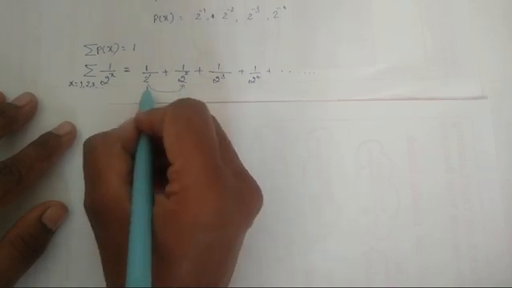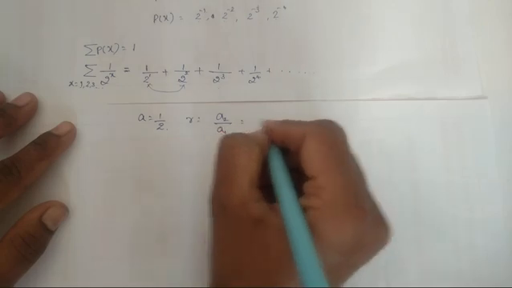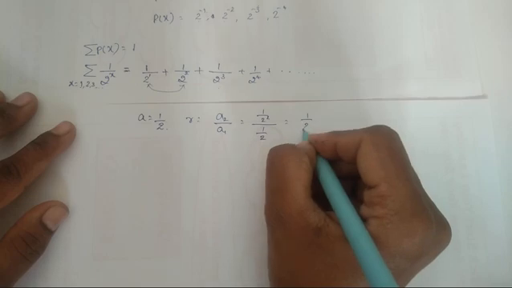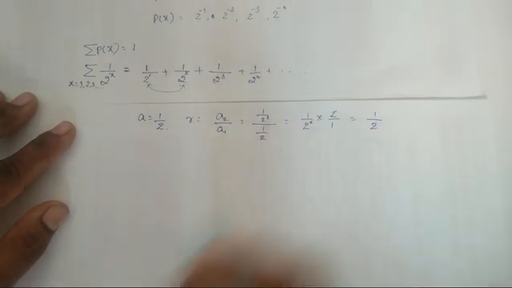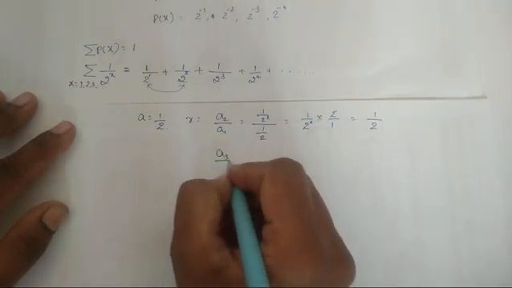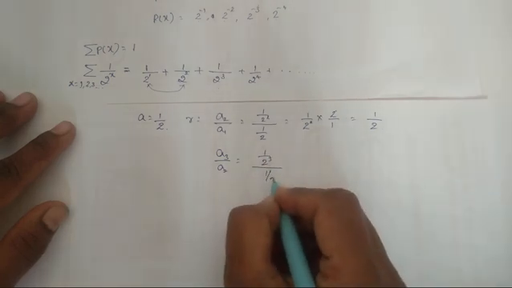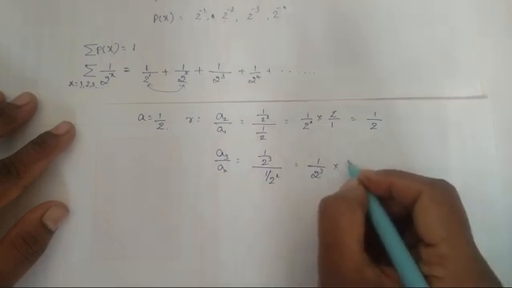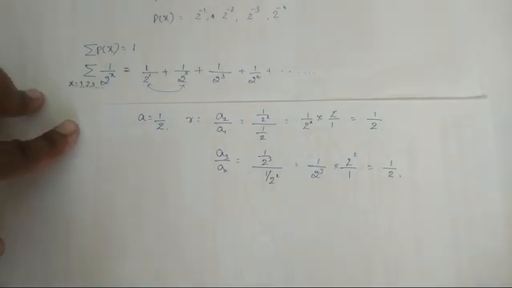The ratio r is a2 by a1, which is 1 by 2 square divided by 1 by 2, which is 1 by 2 square into 2 by 1. The 2s cancel, so it is 1 by 2. We can consider a3 by a2 also: 1 by 2 cube divided by 1 by 2 square, which is 1 by 2 cube into 2 square by 1, equal to 1 by 2.